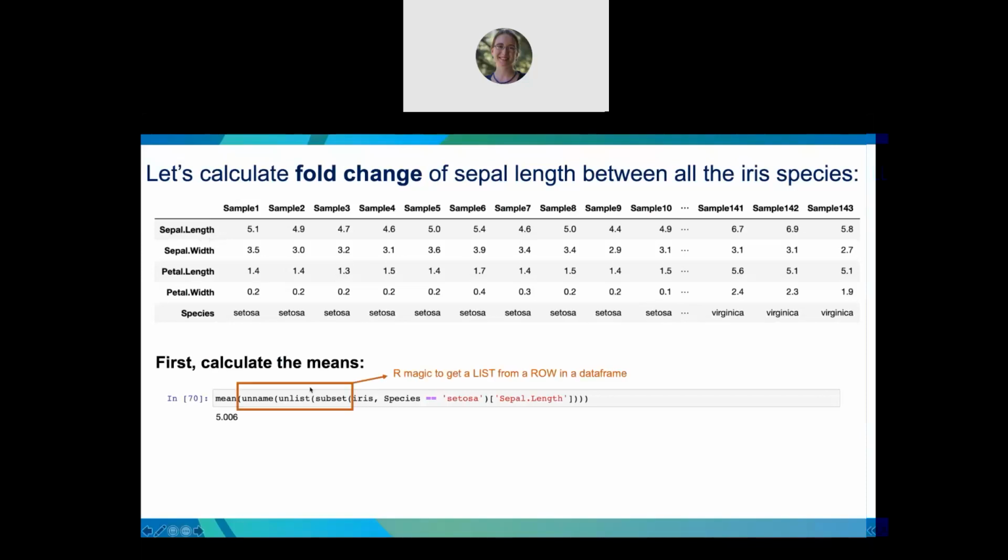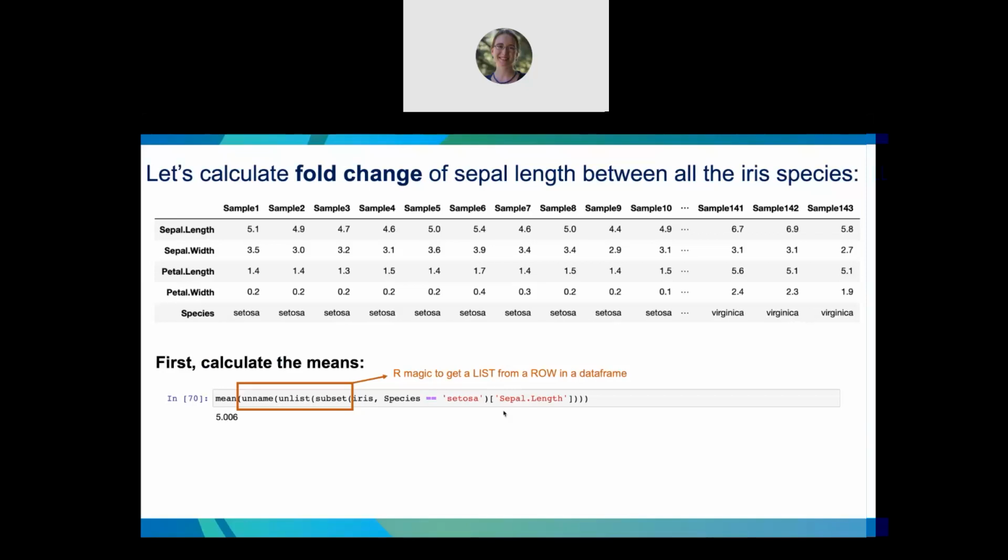So the first thing that we need to do is I used some RMagic. I nested some functions here, which basically gets a list from a row in a data frame. Because if you guys remember, if you just subset out a row in a data frame using the brackets for slicing, you just get another data frame. We needed the actual values. Remember, that's why we had to use the $ sign.